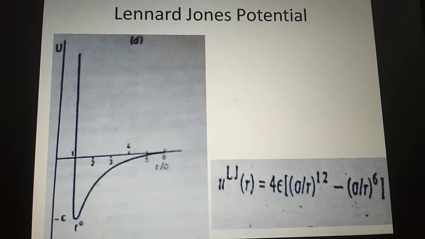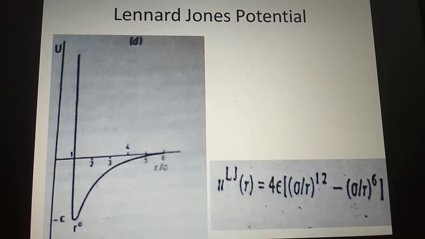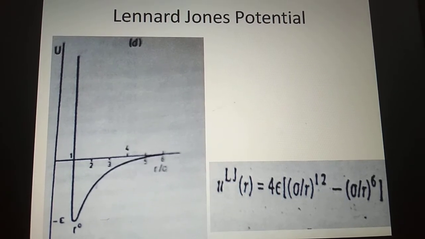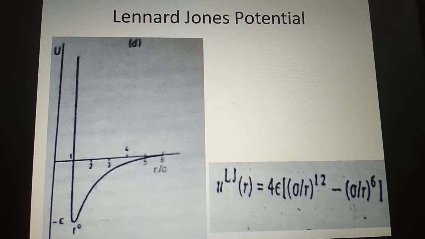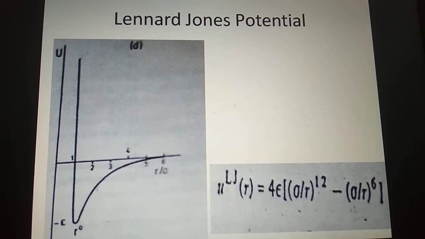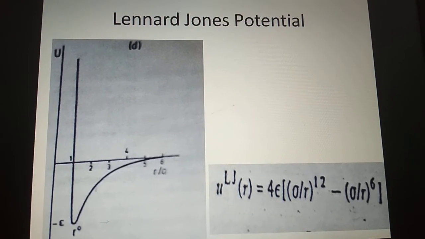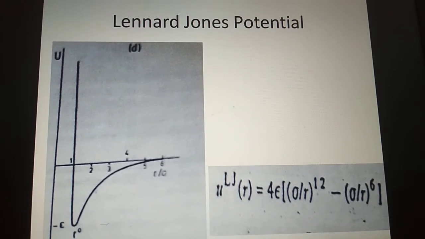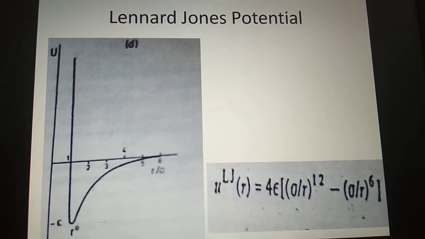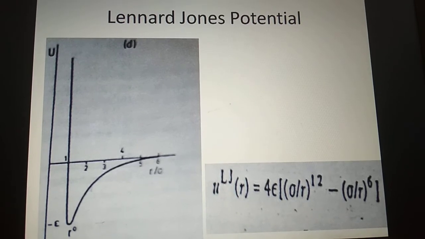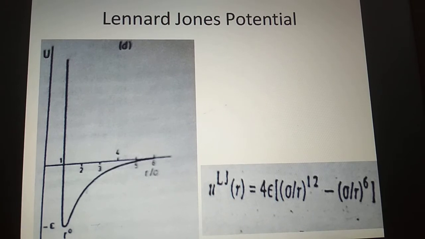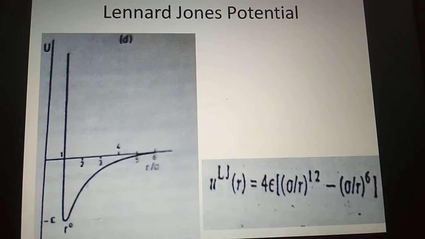which is equal to epsilon [(rm upon r) raised to 12 minus 2 (rm upon r) raised to 6], where epsilon is the depth of the potential well, sigma is the finite distance at which the interparticle potential is 0, r is the distance between the particles, and Rm is the distance at which the potential reaches its minimum value, minus epsilon.